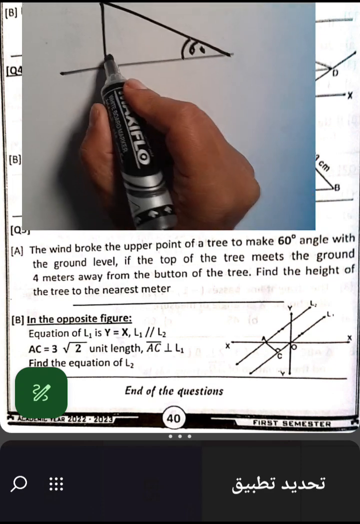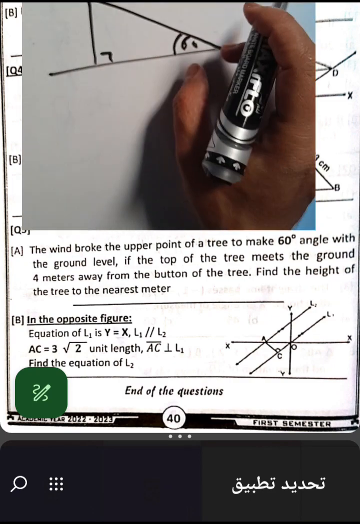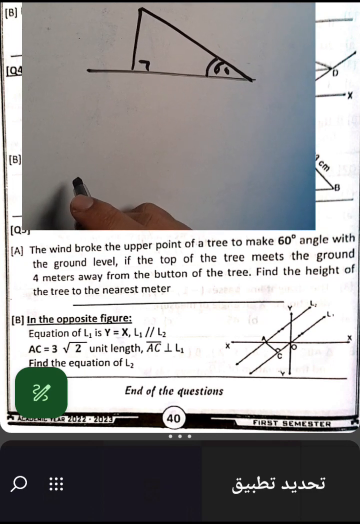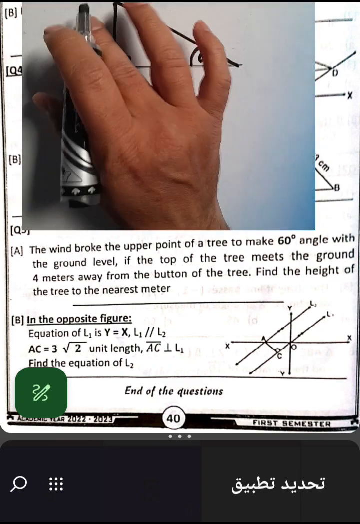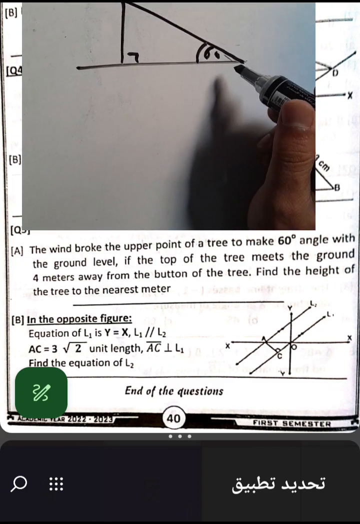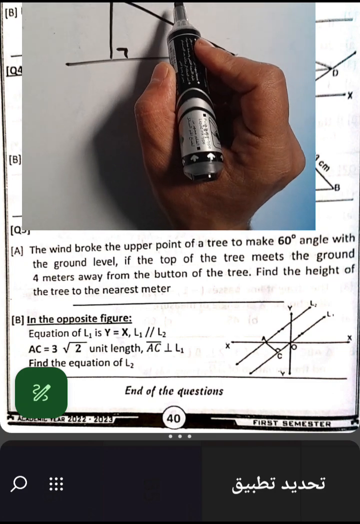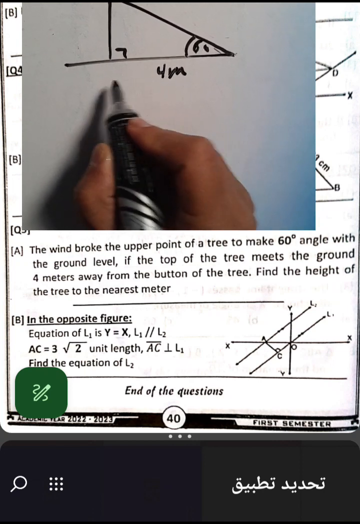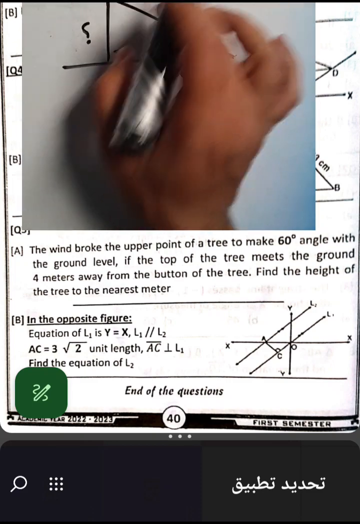If the top of the tree meets the ground 4 meters away from the bottom of the tree, this part is 4 meters. Find the height of the tree to the nearest meter. We want to find the height of the tree, this part, and add them.